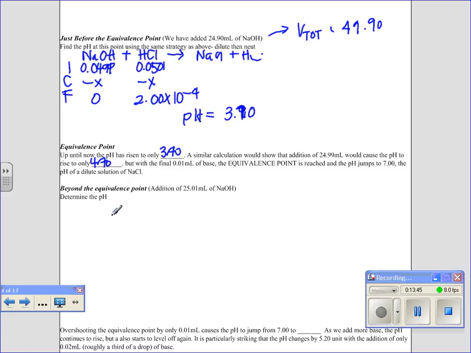Now, if we look at beyond the equivalence point, so when we've added a very small quantity of sodium hydroxide in excess, so I'm talking about 25.01 milliliters of base being added at this point. Okay, so my total volume is 50.01.